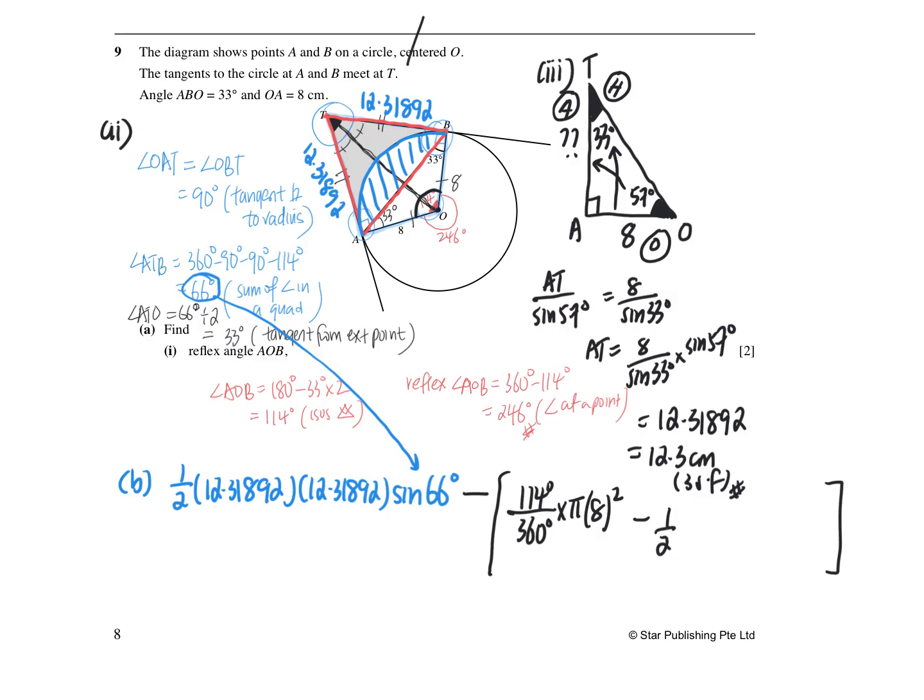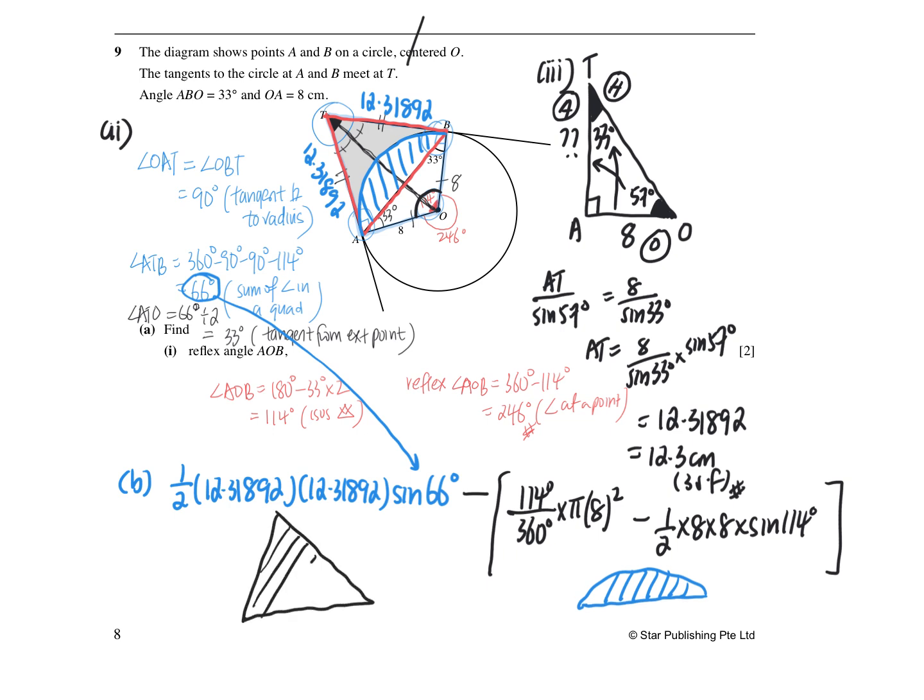Half times 8 times 8 times sine of 114. Make sure calculator in degree mode. This one you are finding the blue segment. Okay, this one you are finding the gray triangle, the whole thing. So when you subtract them off, it is the shaded region.